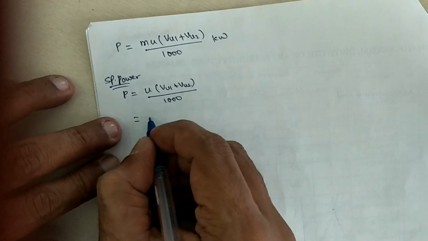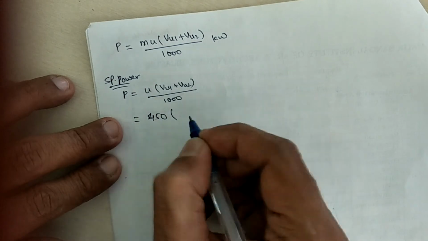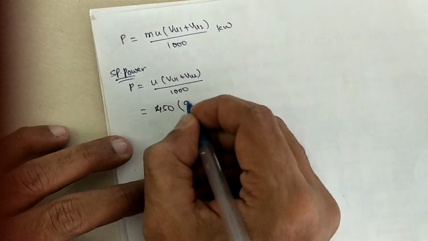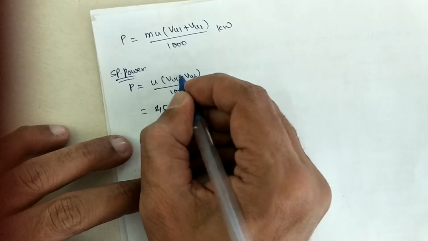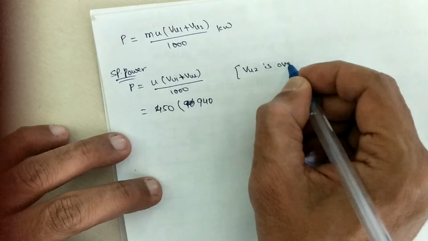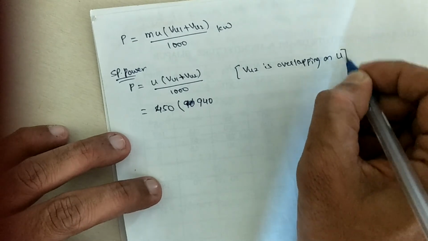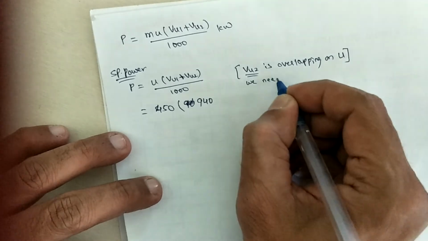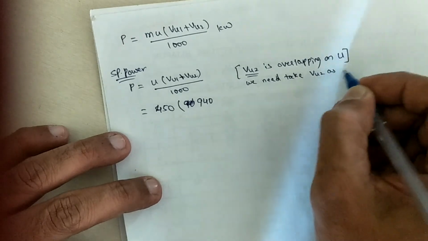We know the value of u here, that is 450, into bracket VU1, which we have obtained as 940. Since VU2 is overlapping on u, we need to take VU2 as negative.